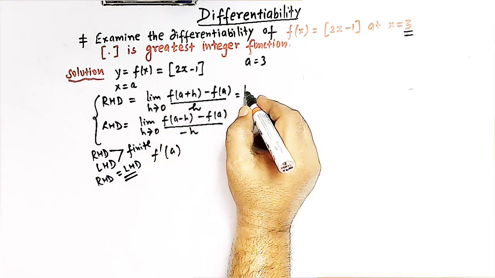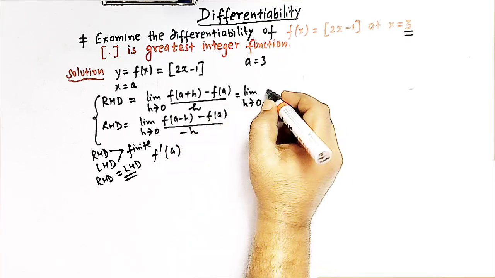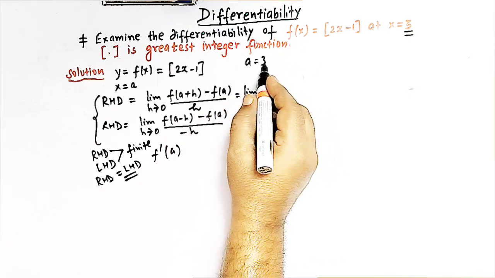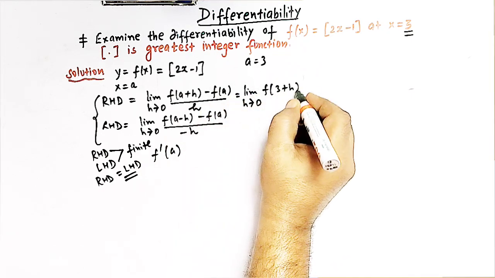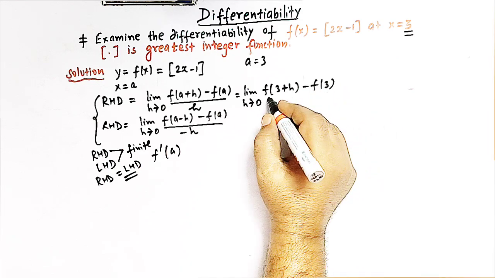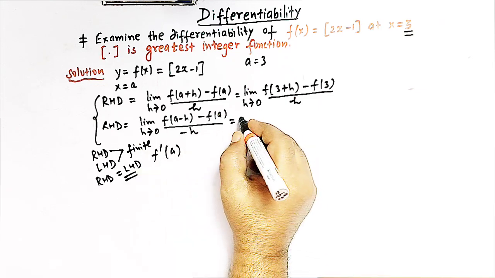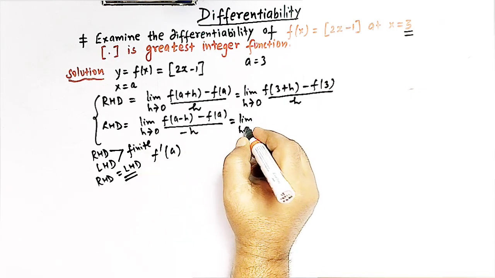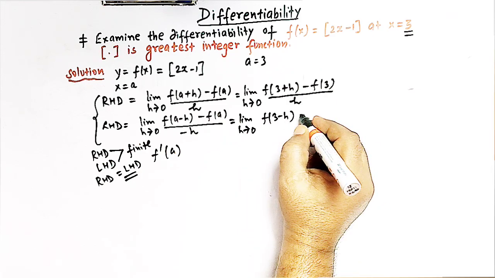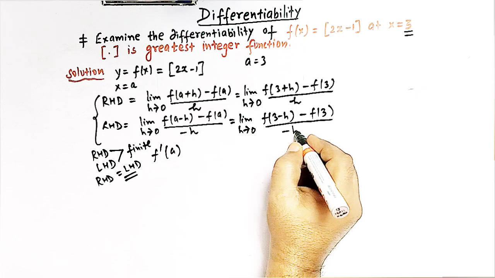Here we can now write limit h tends to 0 of f of 3 plus h minus f of 3, divided by h. And similarly for the left hand derivative we have limit h tends to 0 of f of 3 minus h minus f of 3 divided by minus h.